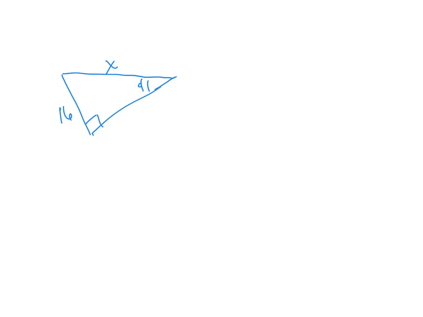So every problem presents itself to you, and you have to figure out, that's a 41 by the way, how to solve the problem, okay? So you are going to circle the angle they give you that is not the right angle. You never use the right angle, ever, ever, ever. You circle this guy.